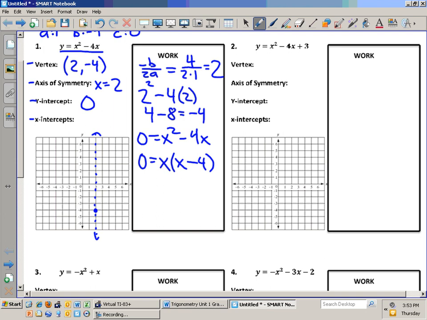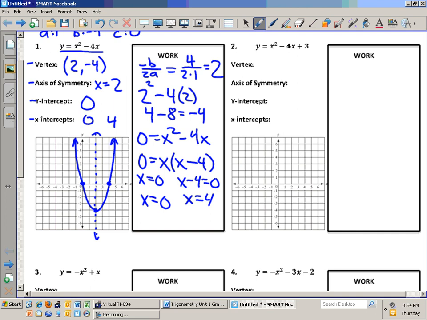Take both of those, set them equal to 0. X equals 0, and x minus 4 equals 0. Solve. X is equal to 4, and x equals 0. So your x-intercepts are 0 and 4. We plot those on the x-axis. And when we do, we have a graph.